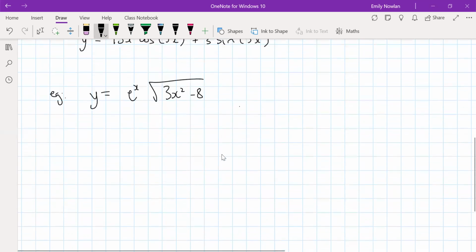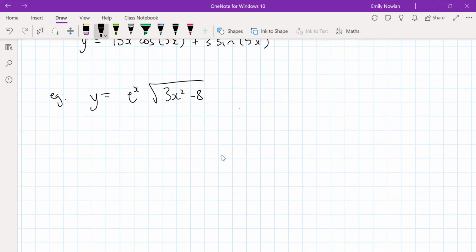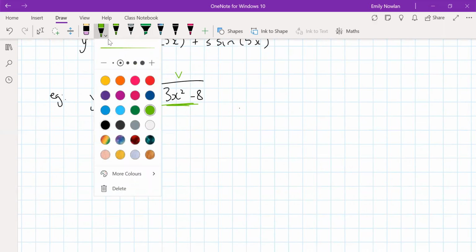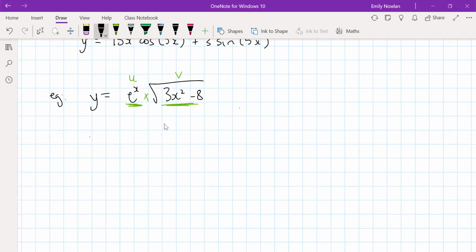So again, we have a product. We have two functions of x. This is the first one, multiplied by the second one. So that's our u, that's our v.